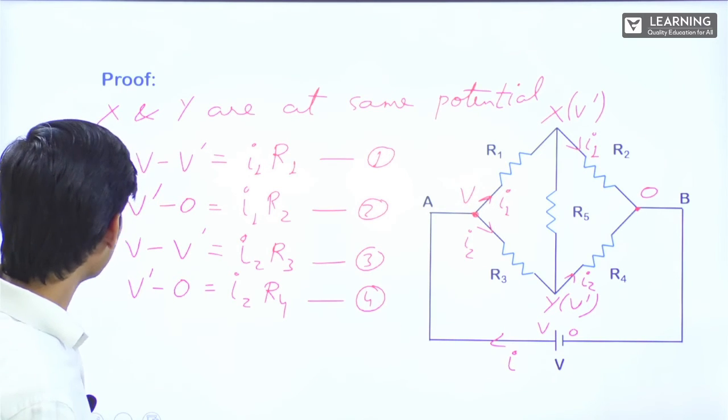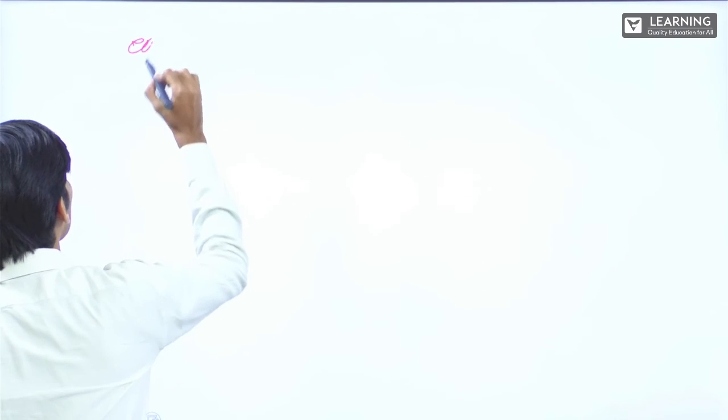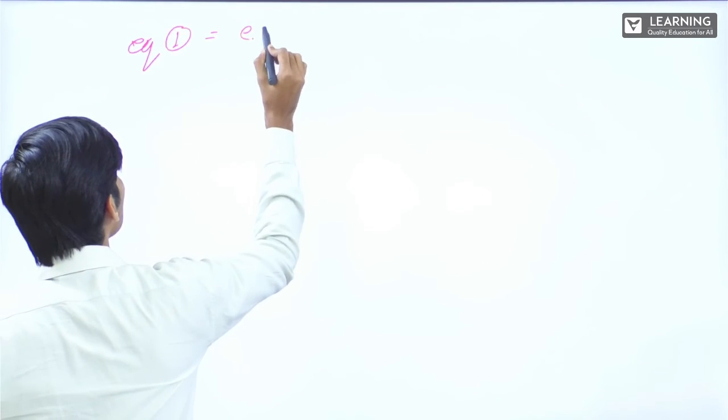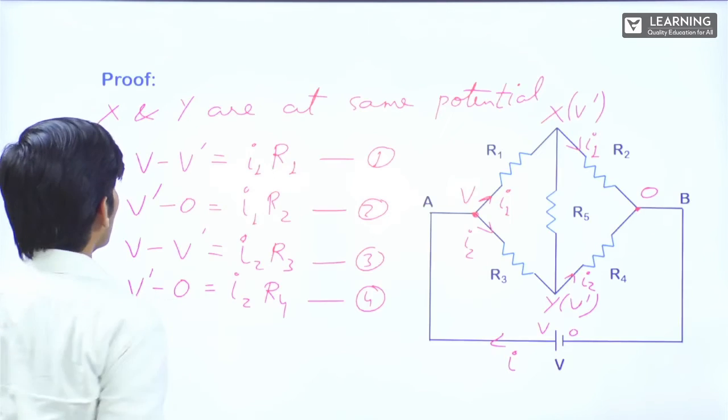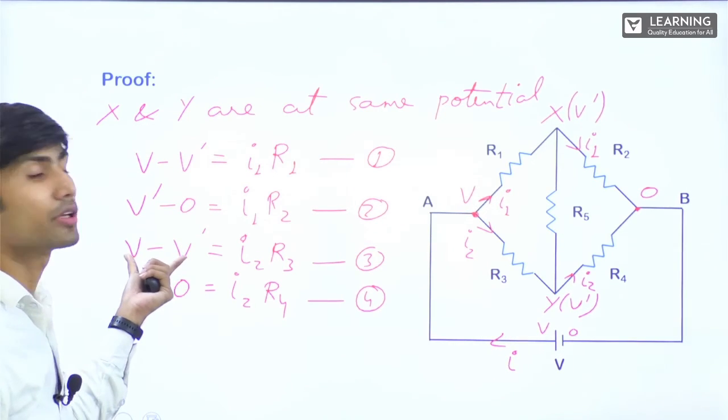Equation 1 is equal to equation 3. See here, this is also V minus V dash, this is also V minus V dash.